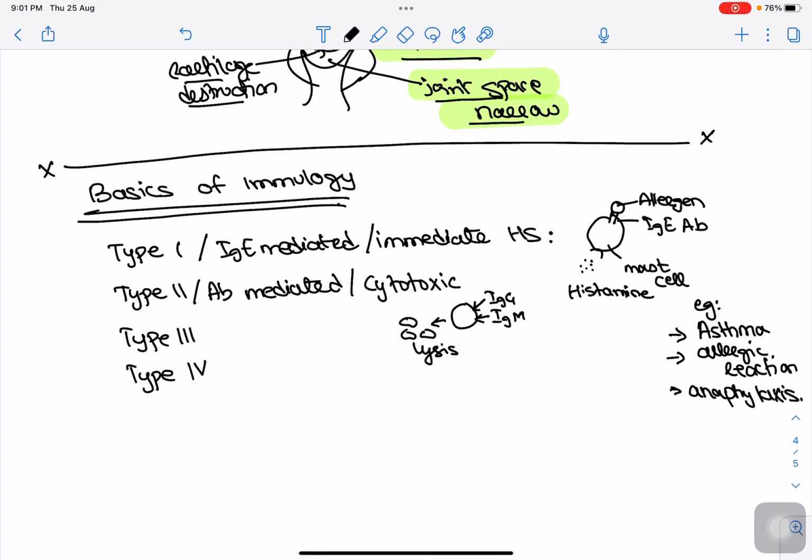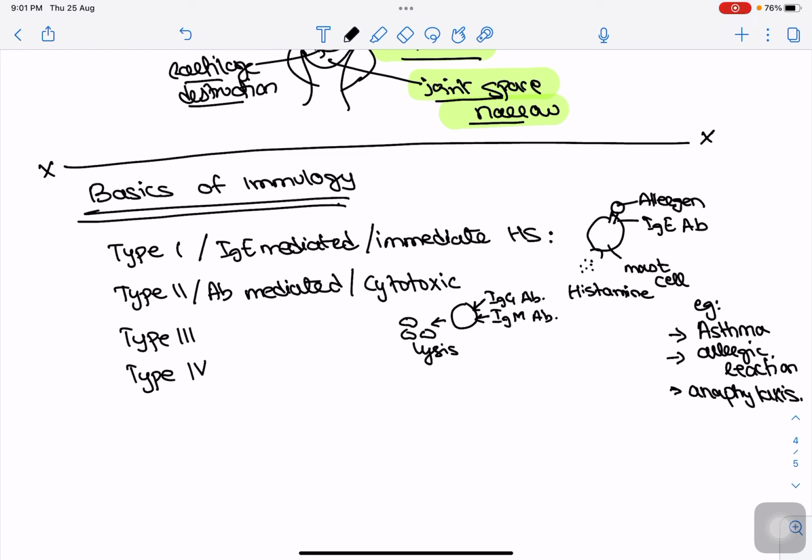So this is known as cytotoxic. Cyto means cell, toxic means breakup. So cell breakup, due to the IgG and IgM antibodies that deposit onto the cell membrane. If you read up the names, you'll understand the mechanism of each of these types of immunological reaction.